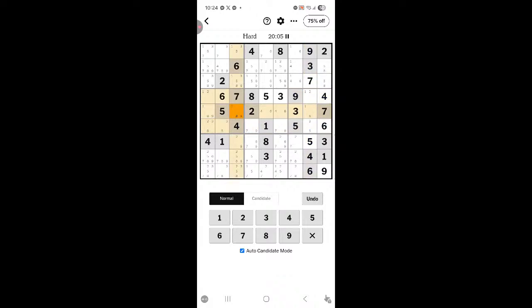If 9 is here or there, it forces 8 and 1. Oh God. 3 9 3 7 9 8 3 7, and then leaves 9 8, which leaves, oh, there's 4.